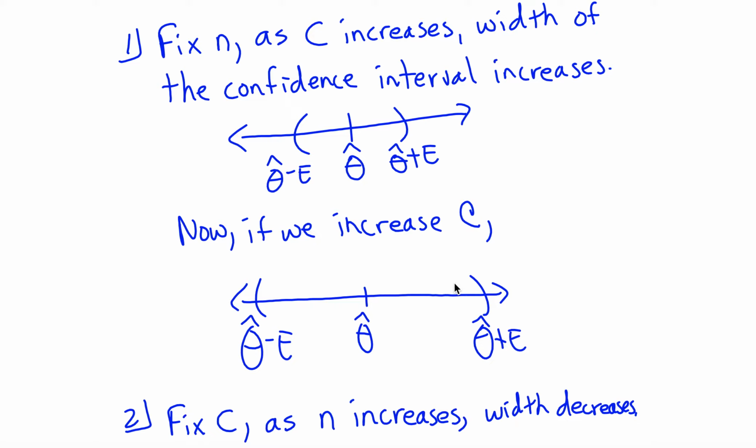So think of it as your parameter is some post out there in space, and you're trying to throw a ring around it. The bigger your ring is, the wider your interval, in other words, the more confident you're going to get it. The smaller your ring, the tighter your interval is, the less confident you're going to get.